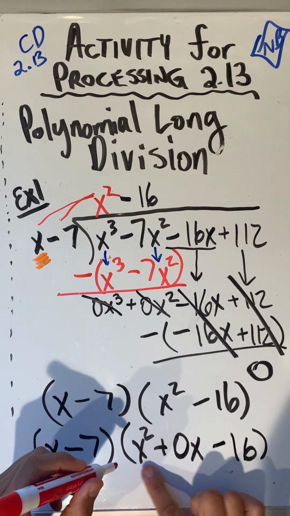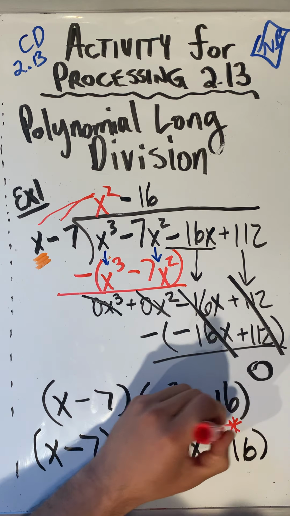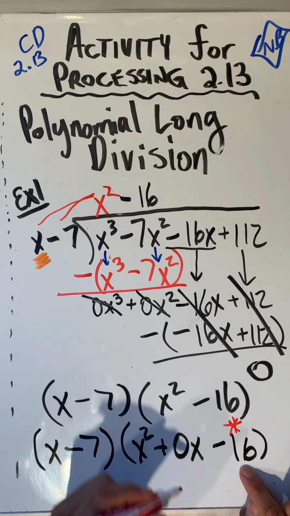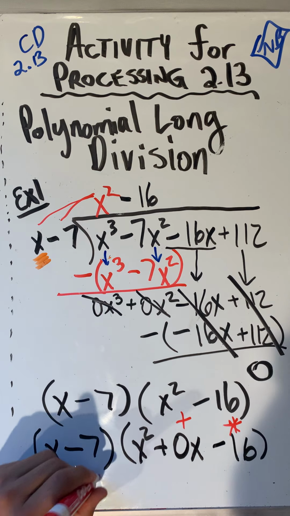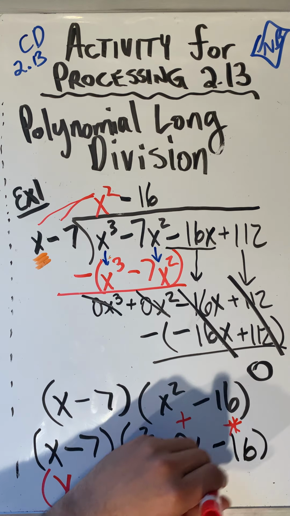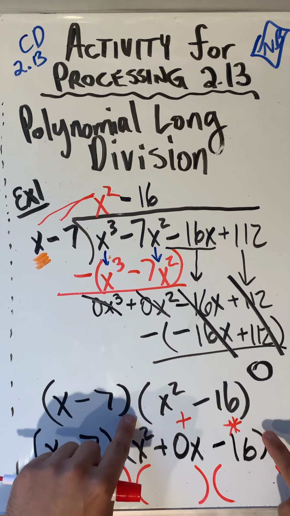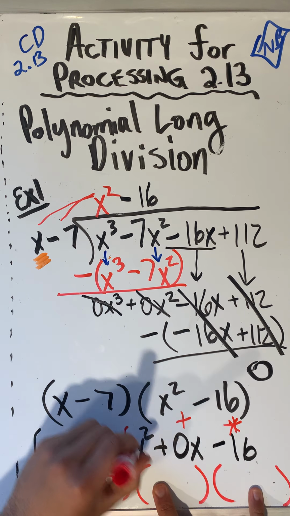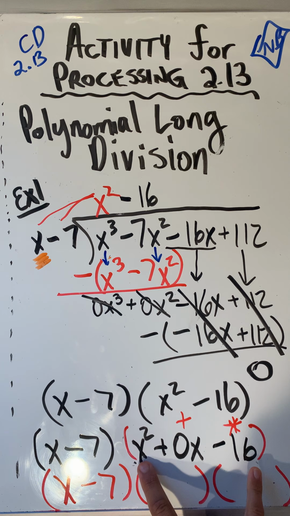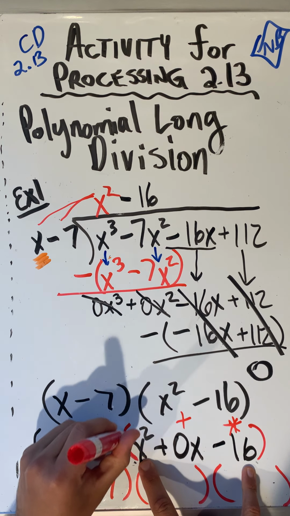So in order to factor this, I need two values that will give me a product of -16 and a sum of 0. So I got x minus 7. And now I'm going to break this up, and let me put it in red parentheses so I can show my audience where the two linear factors are coming from. They're coming from the trinomial up here, this quadratic trinomial.